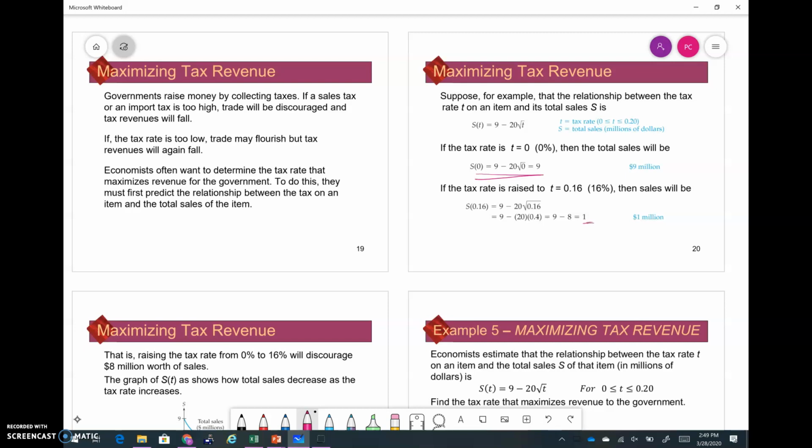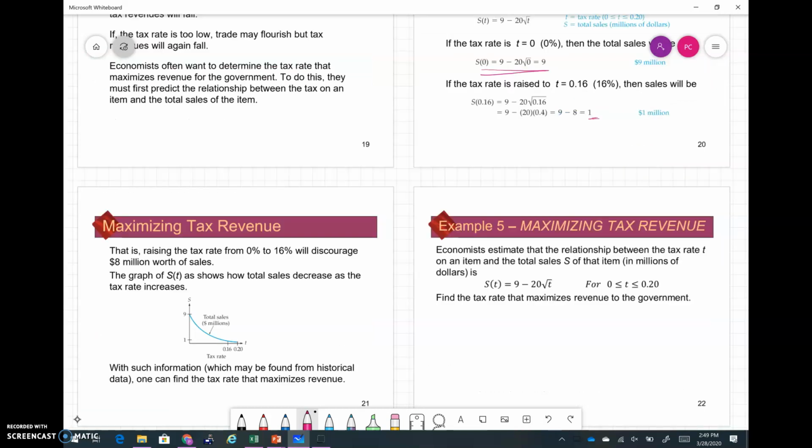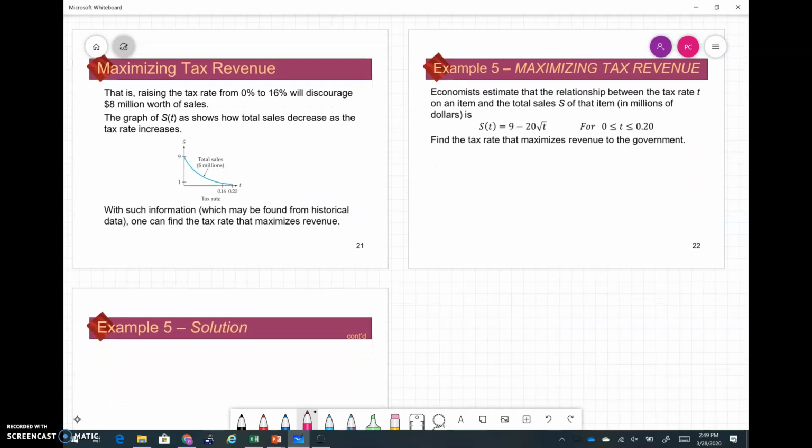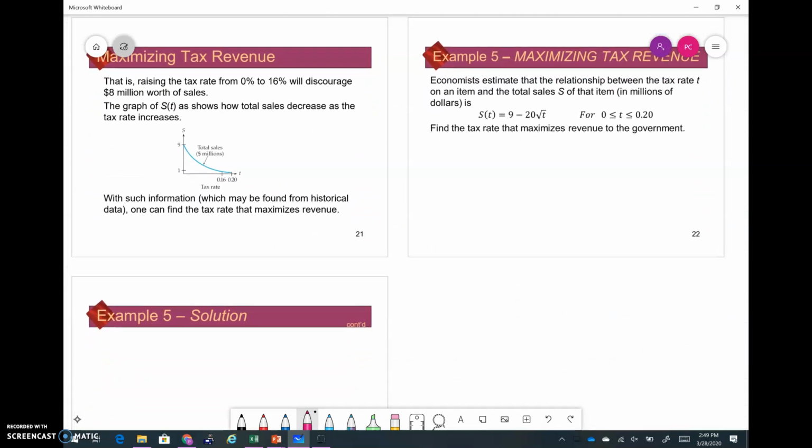This sales is in millions of dollars. So our sales go from $9 million all the way down to $1 million by raising that tax rate to 16%. That is, raising the tax rate from 0 to 16% will discourage $8 million worth of sales.